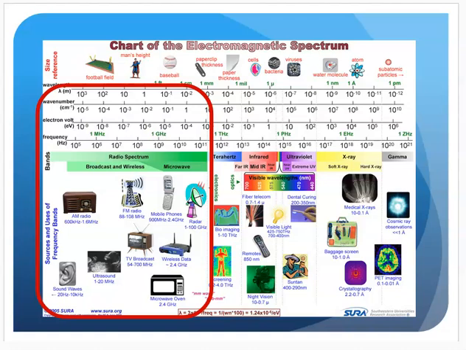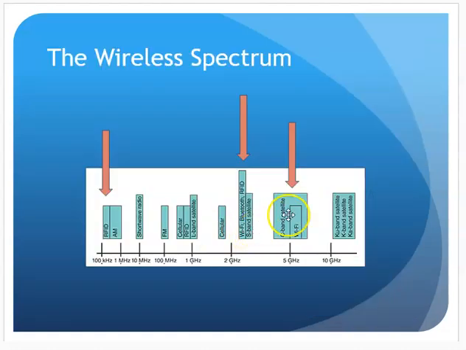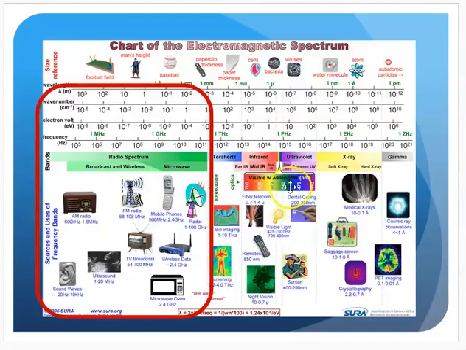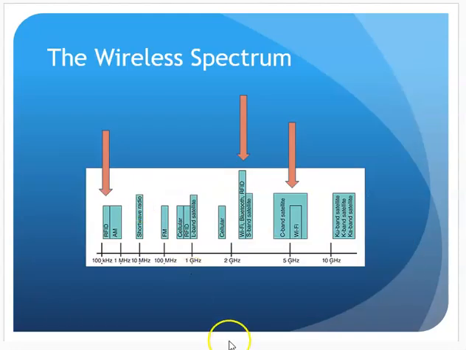The book breaks it down even further and looks at just that piece of the wireless spectrum, breaking it out and showing you things like RFID, Wi-Fi, Bluetooth, other RFID bands, and other Wi-Fi bands as well. These are the areas, or the frequencies, we're typically using.